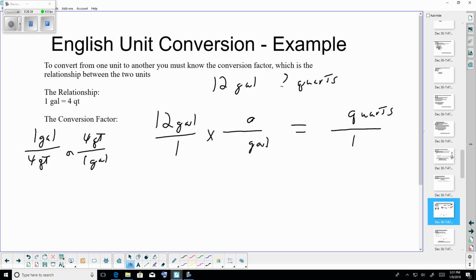And I'm going to quarts, so that goes on the top. Now I look at my two conversion factors. Which one has quarts on the top and gallons on the bottom? The second one. I put those numbers in, 4 and 1. Now I do plug and chug. 4 times 12, 48. Any conversion, that's how hard it is, as long as you have the equalities.